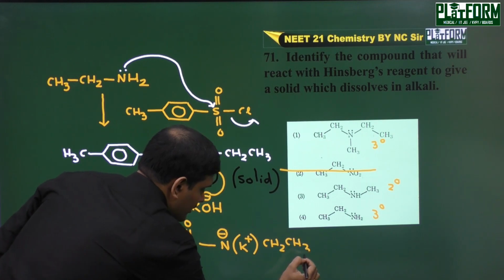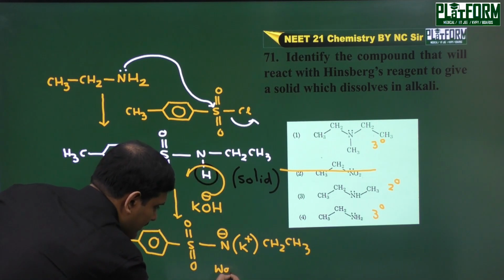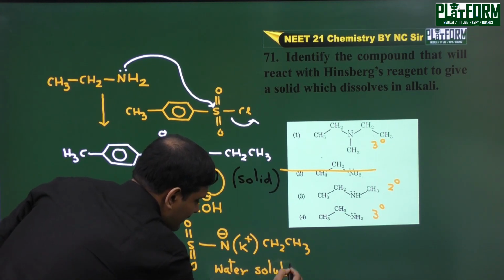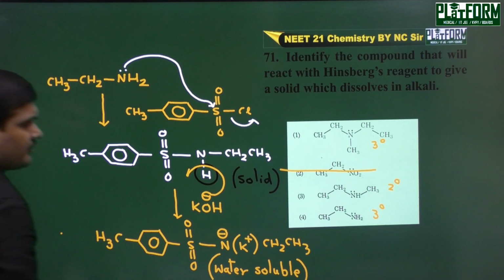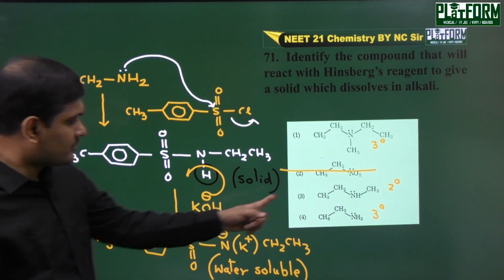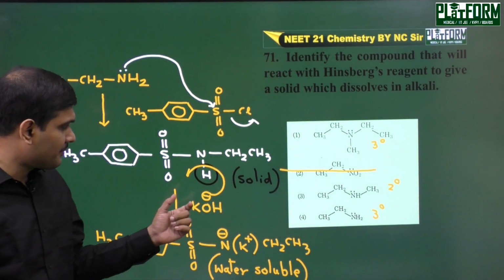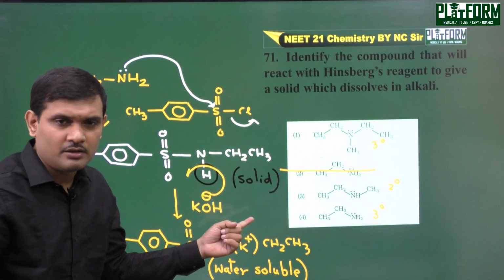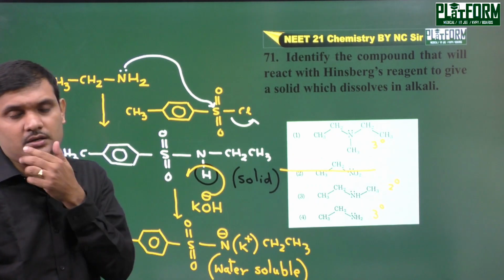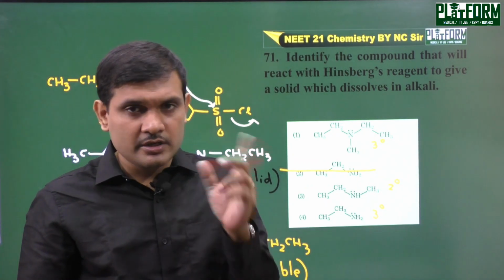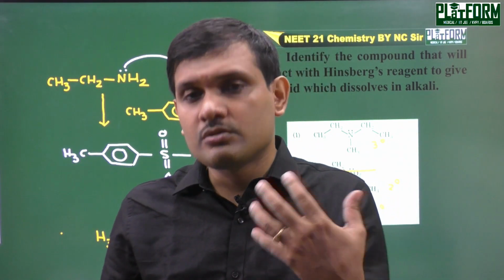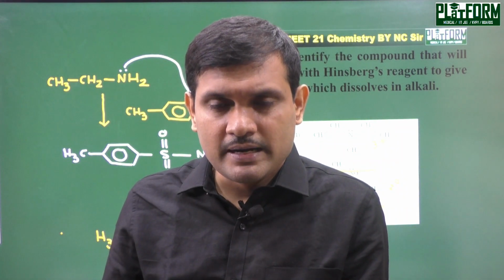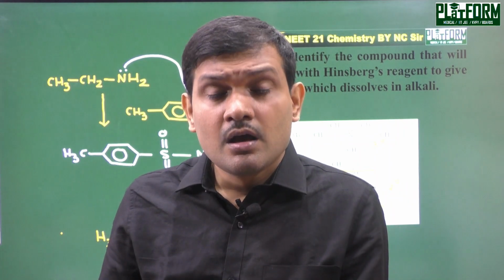Since it is a salt, it is water soluble and dissolves in alkali. But the secondary amide, with methyl and ethyl groups, will not be soluble in alkali. Tertiary amines do not react with para-toluene sulfonyl chloride.